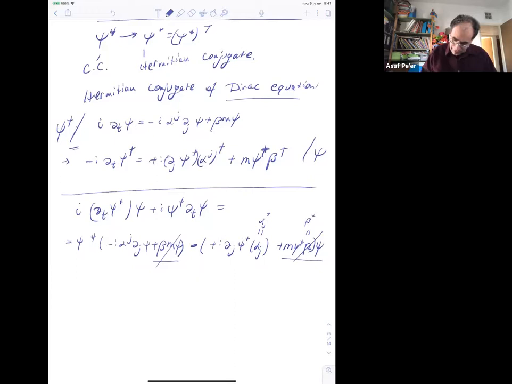I need to move the time derivative part to the other side. This will go to the right. And the i I'm going to cancel by multiplying by minus i. And I'm left with ∇·(ψ† α ψ) plus ∂t (ψ†ψ) equals 0.